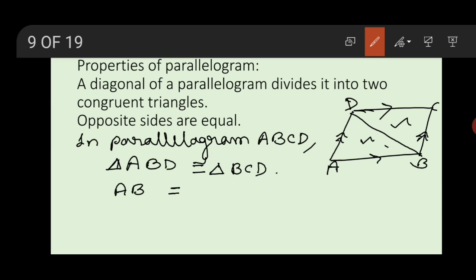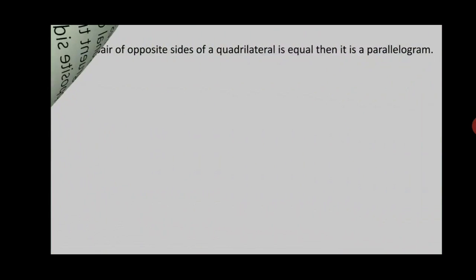AB is equal to CD and also AD is equal to what? BC, right?